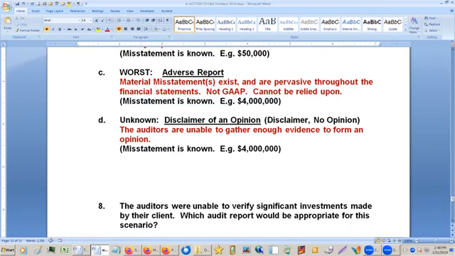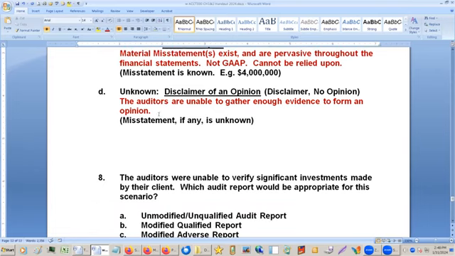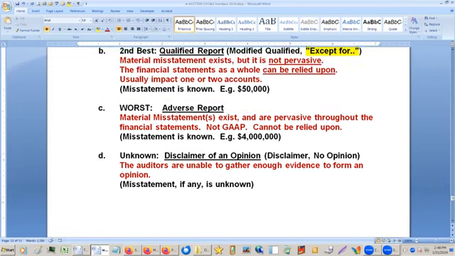The misstatement, if any, is unknown. So a disclaimer is that auditors are unable to gather enough evidence to form an opinion.